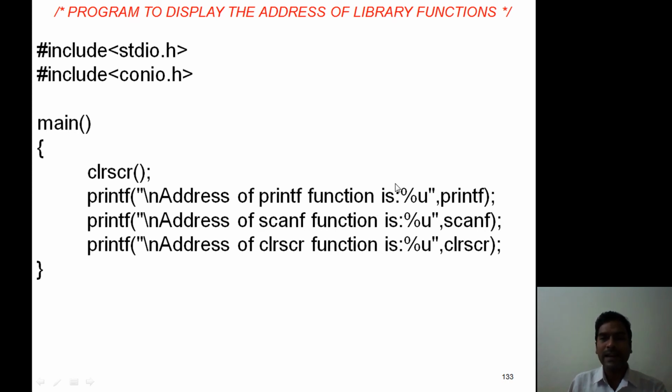Address is always an unsigned integer. Here place the name of the function. So simply printf. Now address of scanf function. Scanf. Address of clrscr function. Simply the name of the function, clrscr. So here the key point is place the name of the function. It's a simple thing. It shows address.